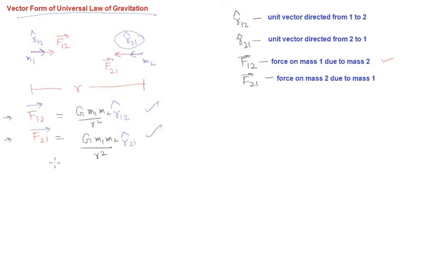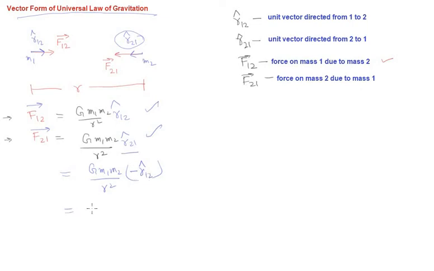Now as you can see, this equation can also be written as G m1 m2 upon r square into minus of r12 cap. Why minus? Because r12 has been reversed. r21 is opposite to r12, so r21 can be written as minus of r12.